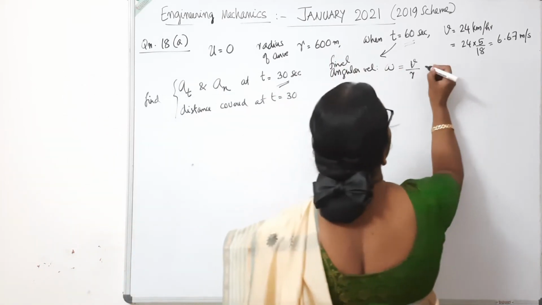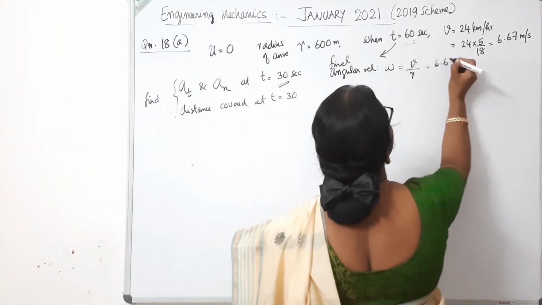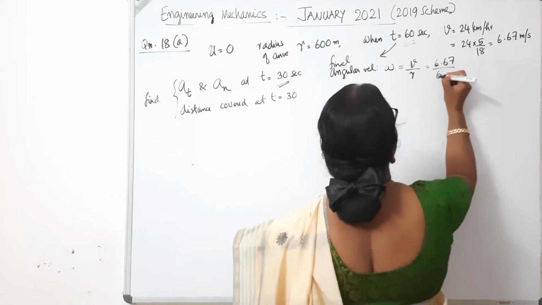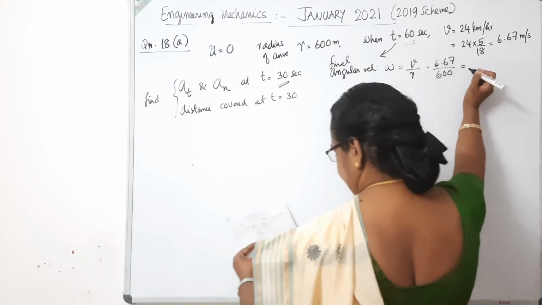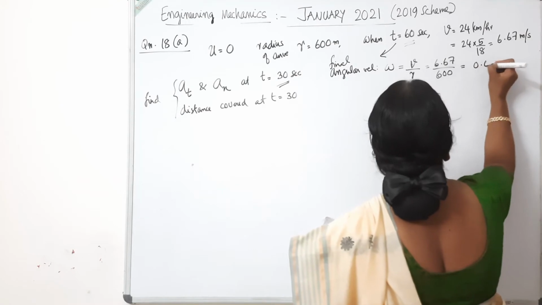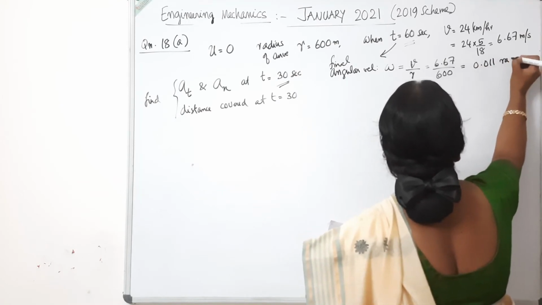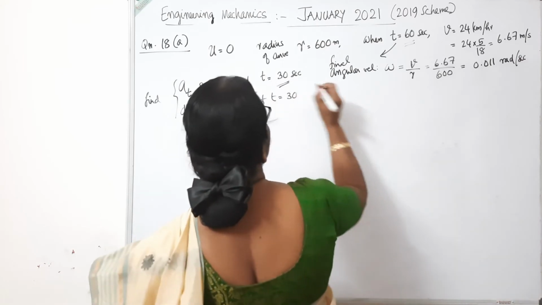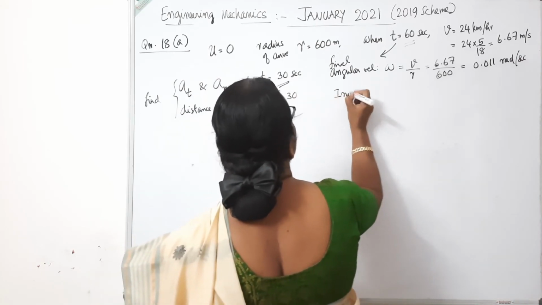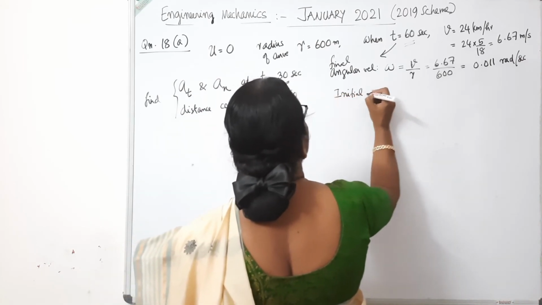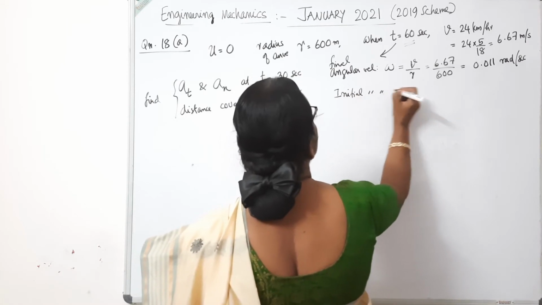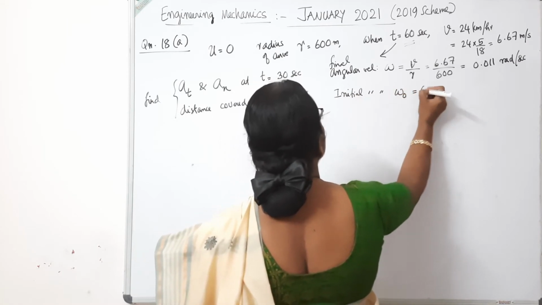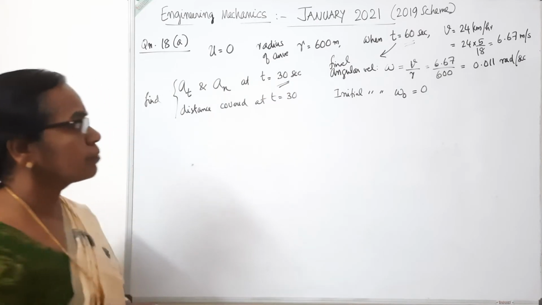Radius of the curve is given, so it is 6.67 divided by 600, which is 0.011 radian per second. Initial angular velocity omega 0 is equal to 0 because it starts from rest.